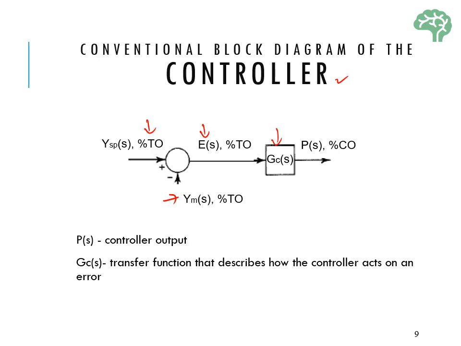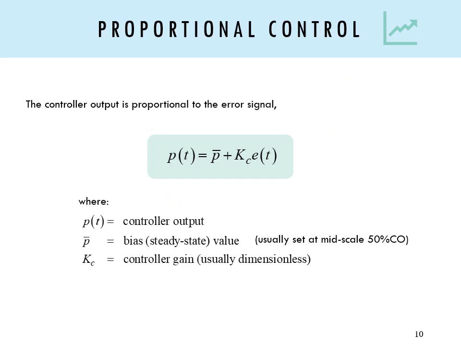And P is the output of the controller, and Gc is the transfer function that describes how the controller acts on an error. The transfer function is the mathematical model derived for the process in order to make any decision when an error has occurred.